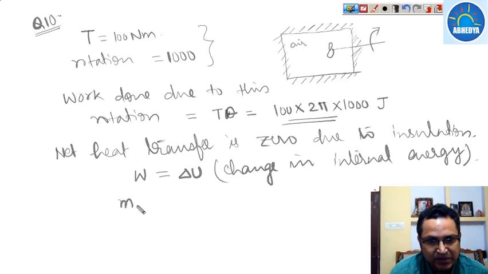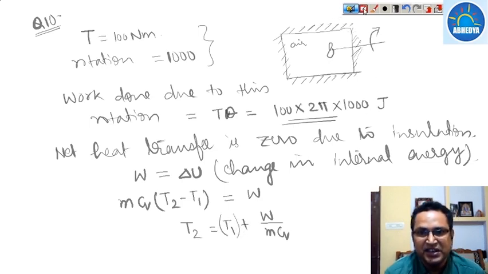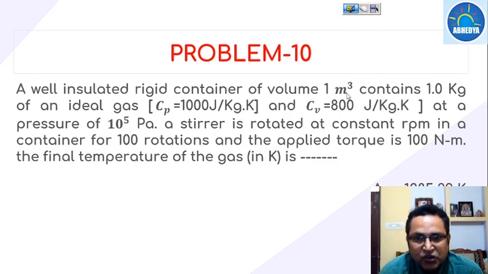Delta U is nothing but mCv times final temperature minus initial temperature, which is equal to your work done. So final temperature will be given as initial temperature plus work done divided by mCv. Now the question is how to calculate this initial temperature. It is given that the volume of the container is 1 meter cube, containing 1 kg of air at a pressure of 10 raised to the power 5.